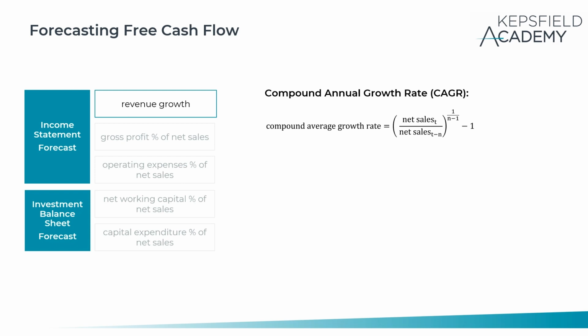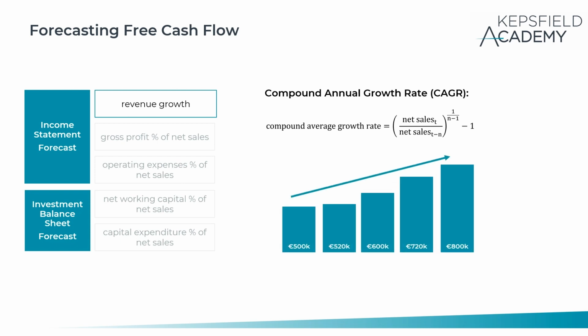In this example, we divide the net sales of €800,000 by €500,000. This we exponentiate to the power of 1/4. We subtract 1 to arrive at a CAGR of 12.5%.